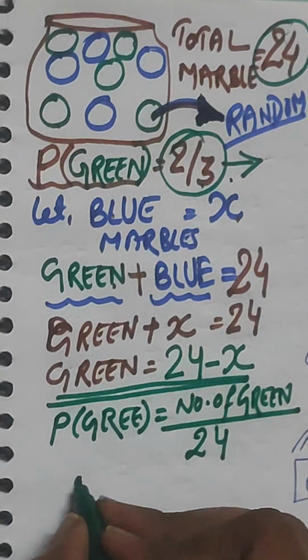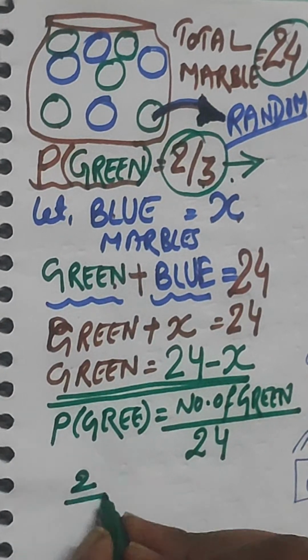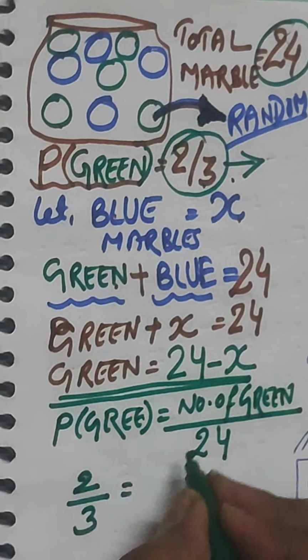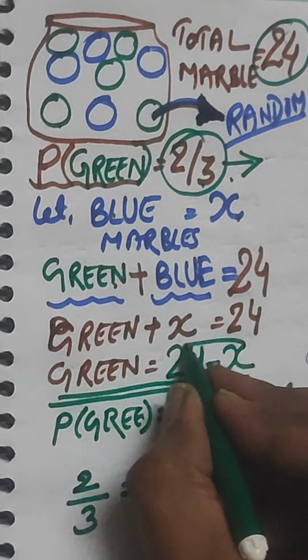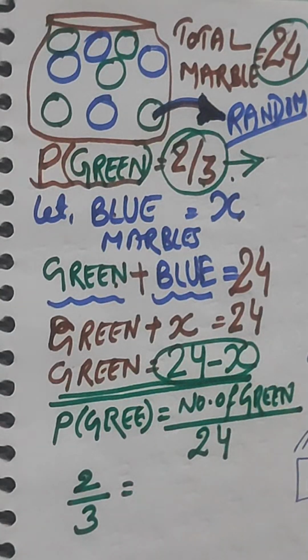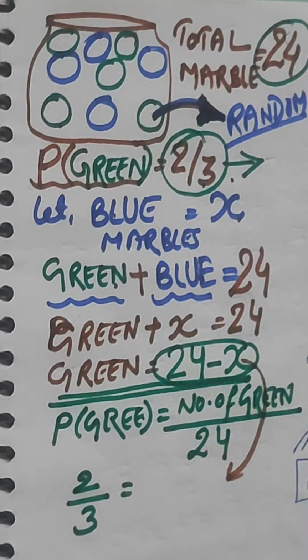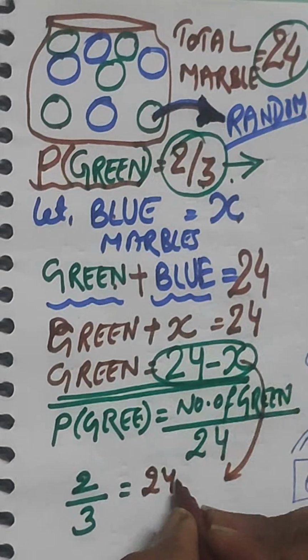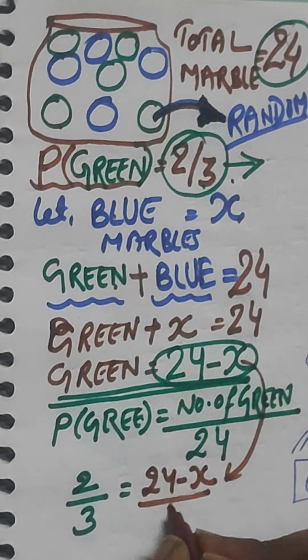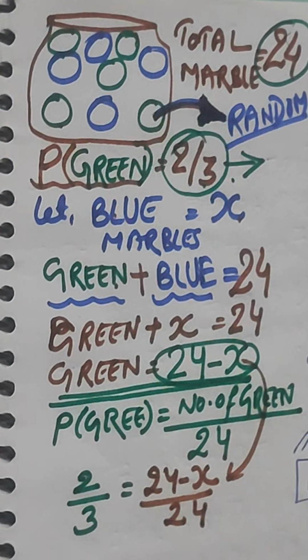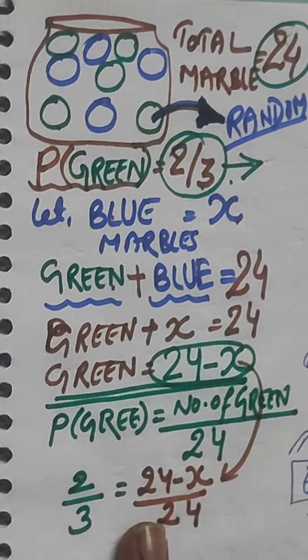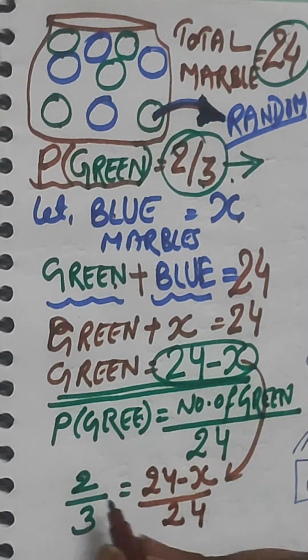So the probability of green is given to you as 2 by 3. Just put in the value: 2 by 3 is equal to the number of green, which is 24 minus x, over 24. So (24 minus x) by 24 is the probability of the green marble, right? Just solve it, you will get it.